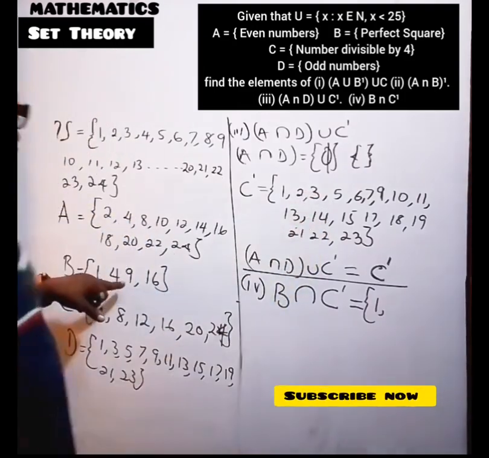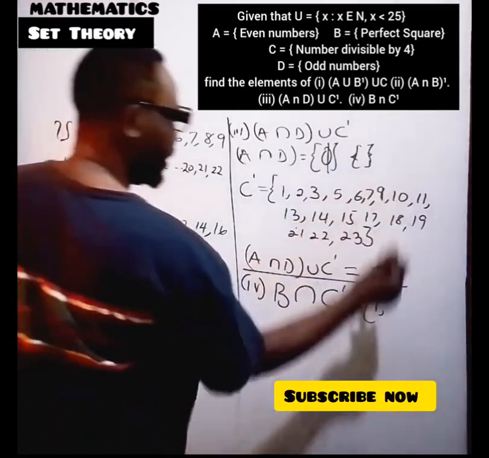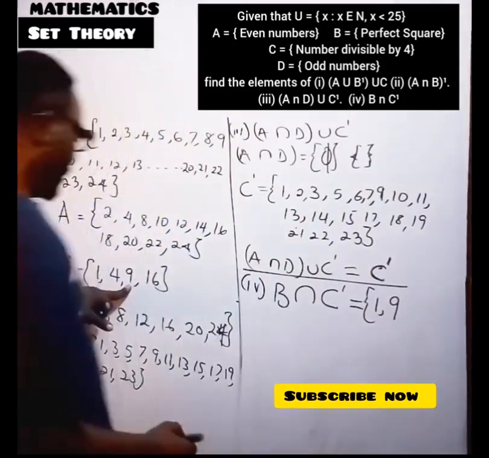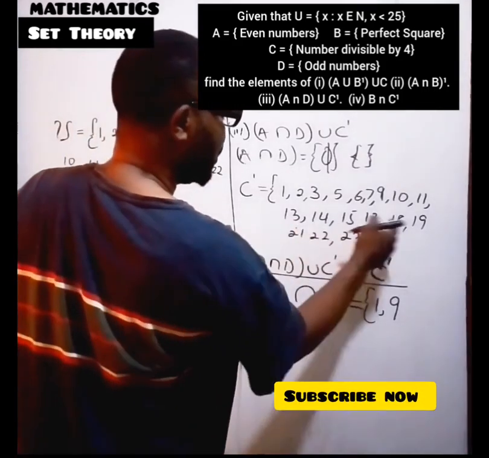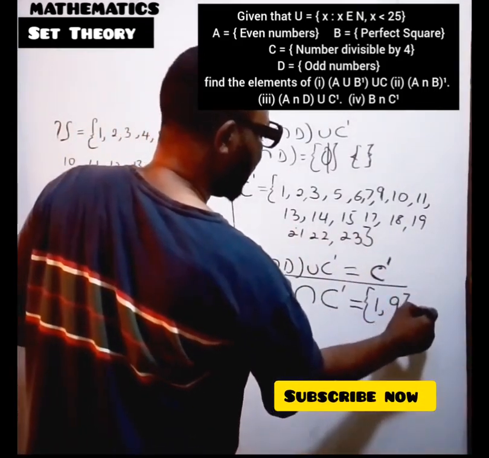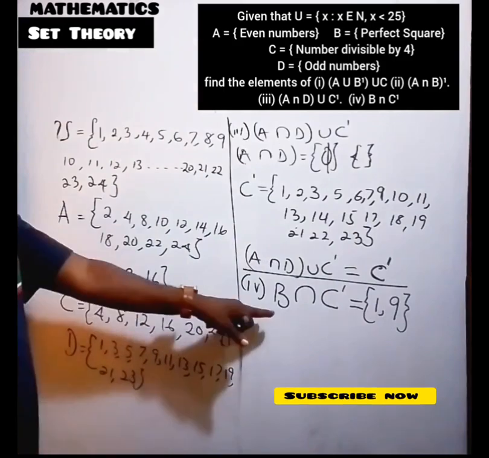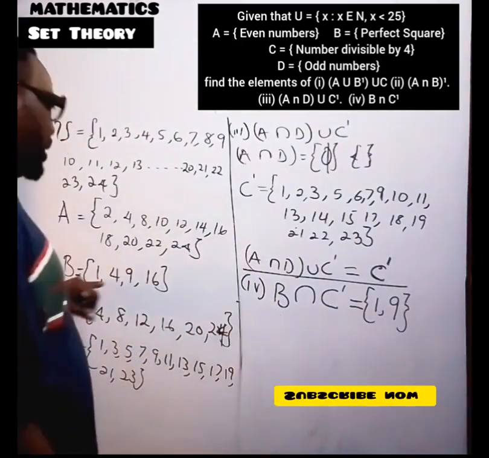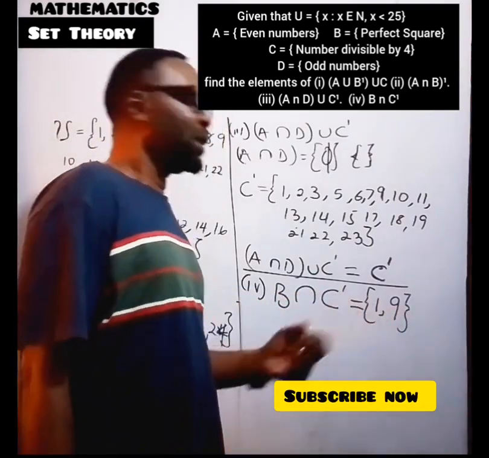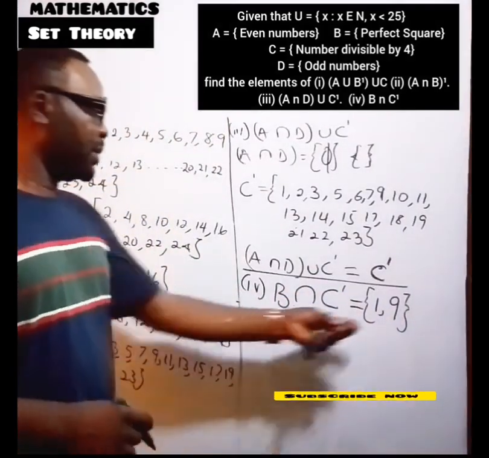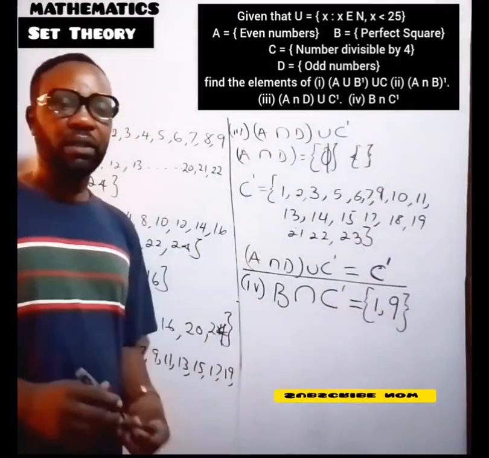No. 9 is here. Do you have 9 here? Yes, you have 9 here too. 16 is the last one. We do not have 16 here. So B intersection C complement is 1 and 9.